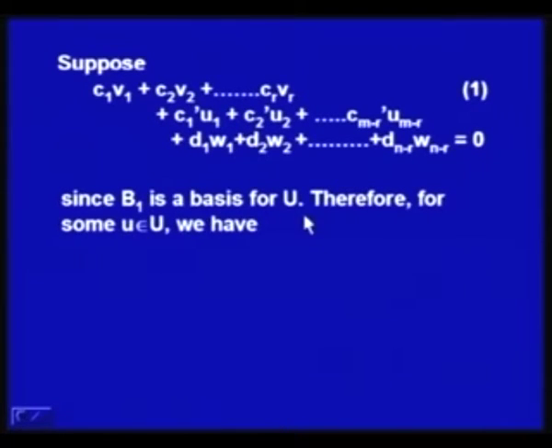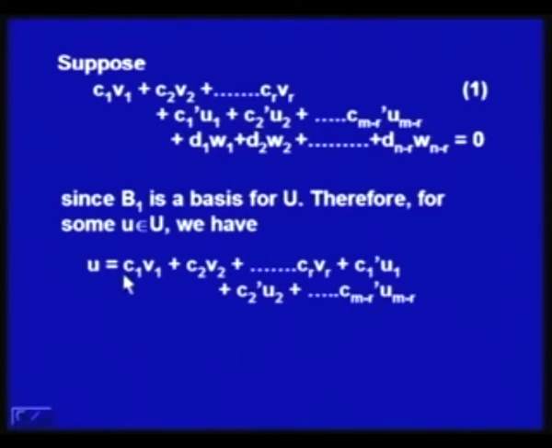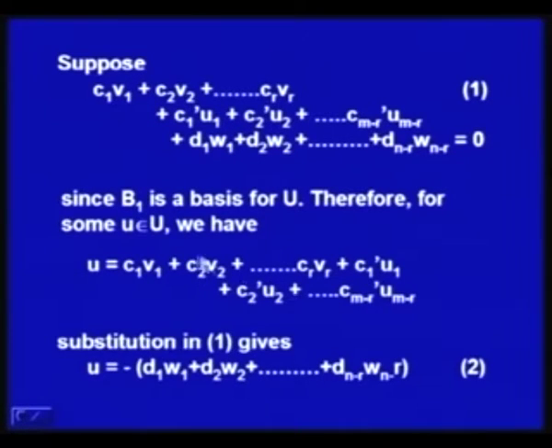Since B1 is a basis for U, therefore, for some u belonging to U, we have u is equal to C1 V1 plus C2 V2 plus Cr Vr plus C1 dash U1 plus C2 dash U2 plus Cm minus r dash Um minus r. So, this will be a vector belonging to U. Similarly, if we substitute this, then we can write u is equal to minus D1 W1 plus D2 W2 plus Dn minus r Wn minus r.